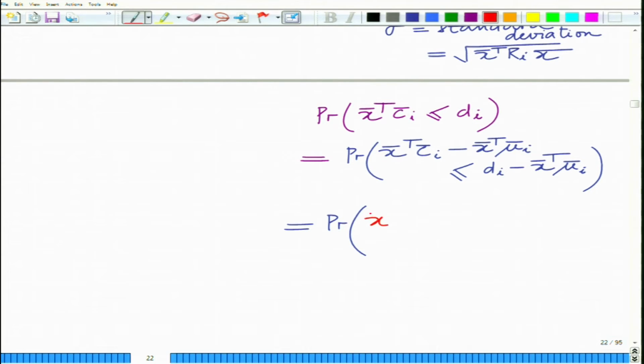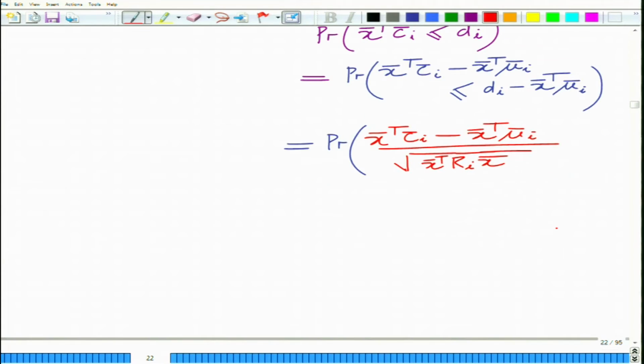This is equal to the probability that x bar transpose C bar i minus x bar transpose mu bar i, divided by the square root of x bar transpose Ri x bar, is less than or equal to di minus x bar transpose mu bar i divided by the square root of x bar transpose Ri into x bar.